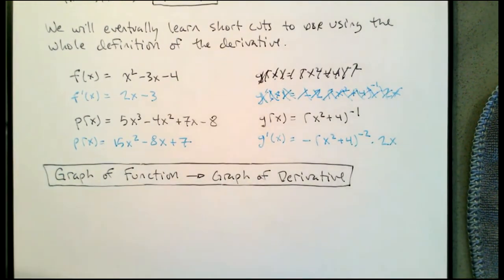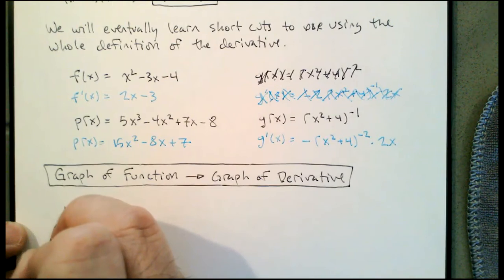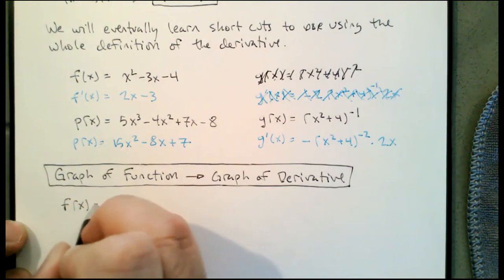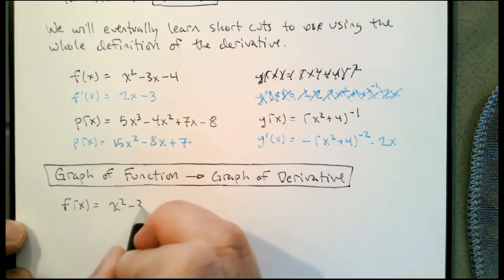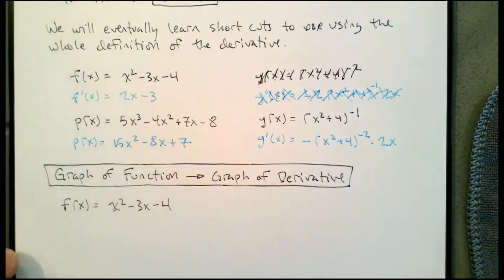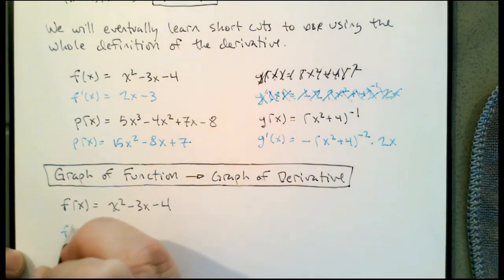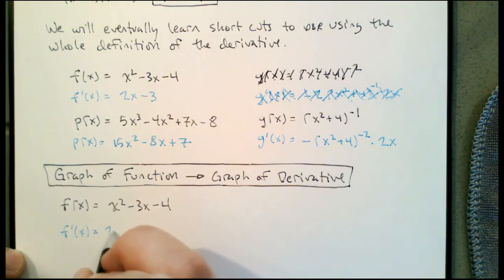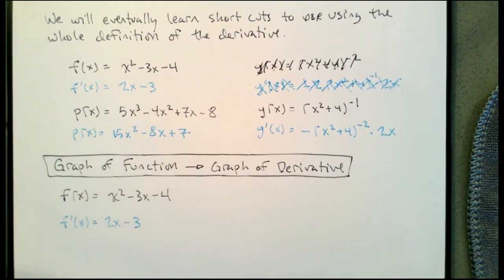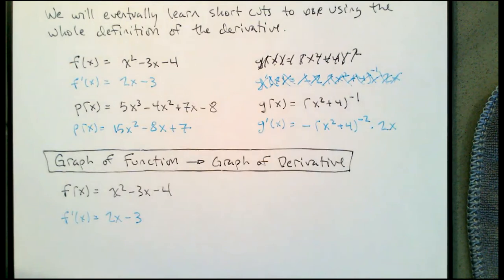And we're going to consider the function f of x is x squared minus 3x minus 4, because we already know its derivative, f prime of x, is 2x minus 3. So let's jump over to Desmos and take a look at these functions.